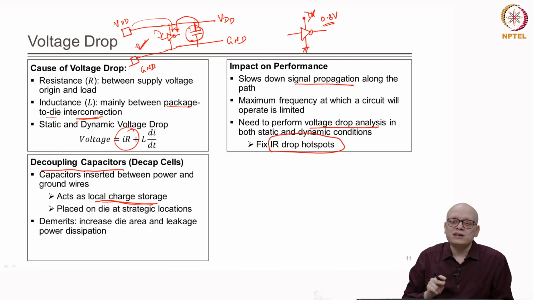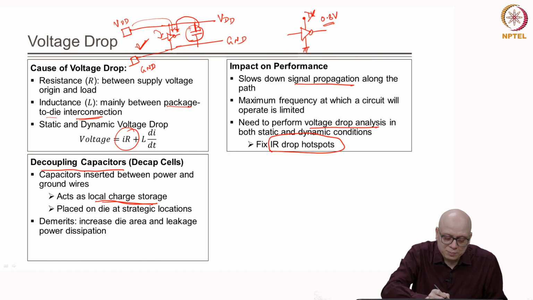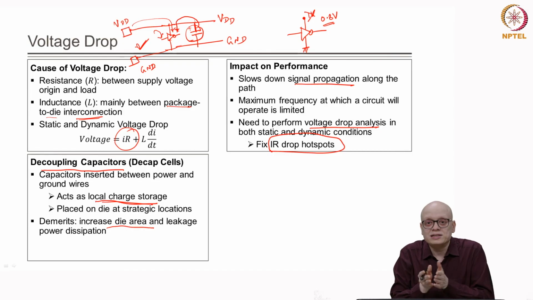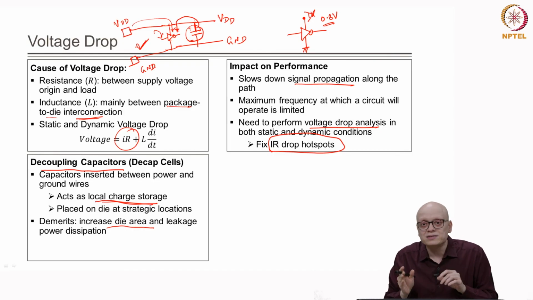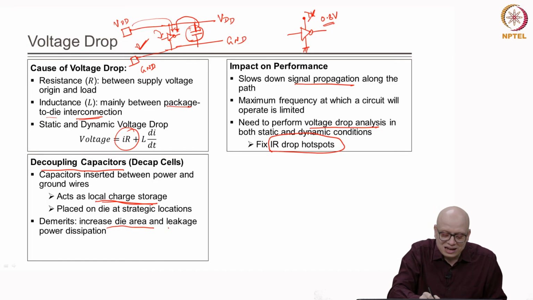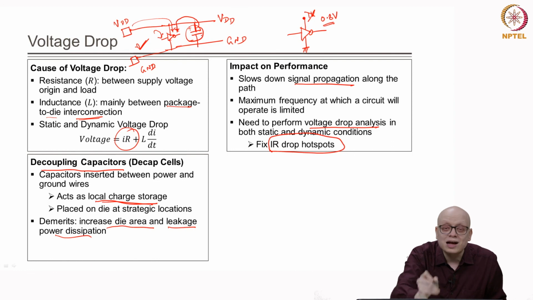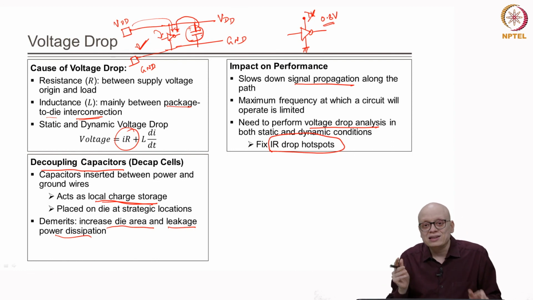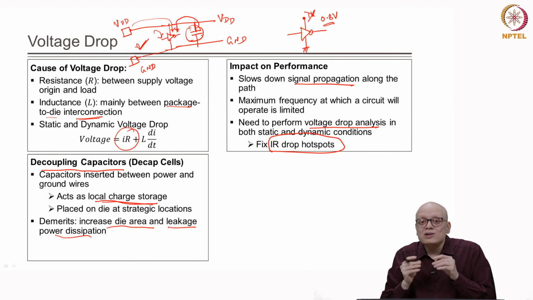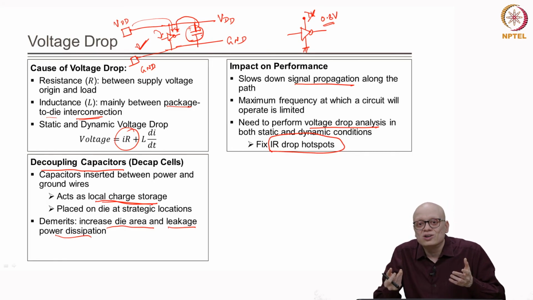But what is the demerit of adding a decap cell? The demerit is that it increases the die area, because it is a capacitor and therefore it will consume some die area, and also it will lead to leakage power dissipation. We said that this decap cell will be charged to VDD in normal static condition, but it will also have some leakage current, and that will be drawn even when the circuit is not operating.